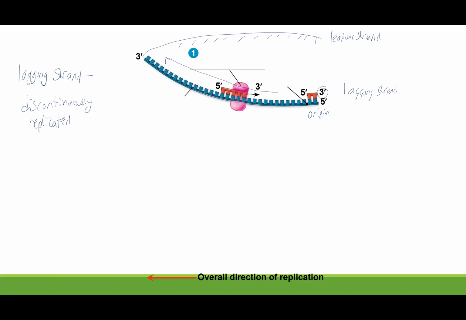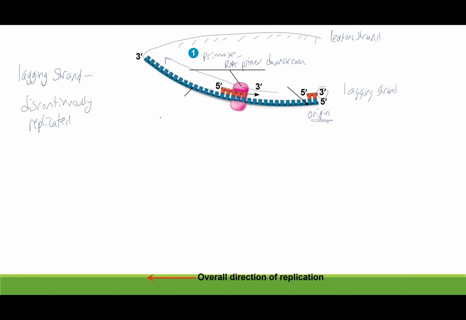So instead of replication starting directly at the origin, we're going to start with DNA primase down here, adding an RNA primer, downstream. So it's starting with the primer downstream of the origin.